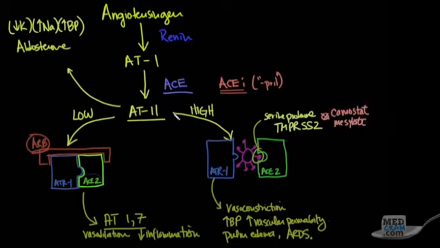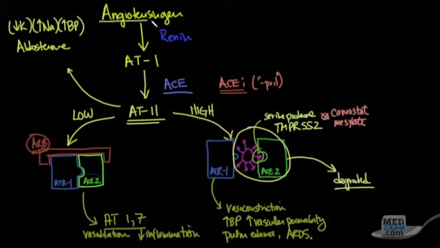Interestingly, when you have high levels of AT2, this entire complex can get degraded into lysosomes. So let's review quickly. We've got angiotensinogen being converted to angiotensin 1 by renin. Angiotensin 1 is converted to angiotensin 2 by an ACE enzyme. ACE inhibitors can prevent that from happening.